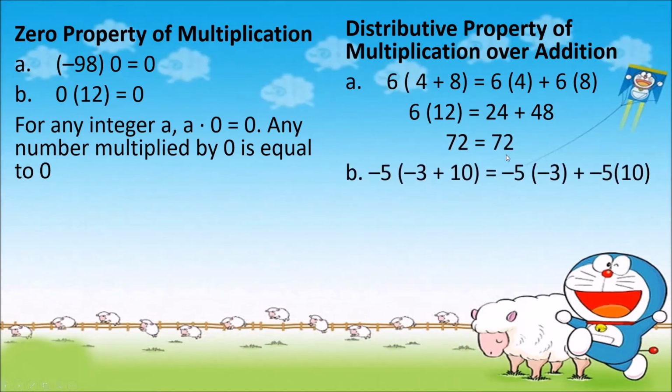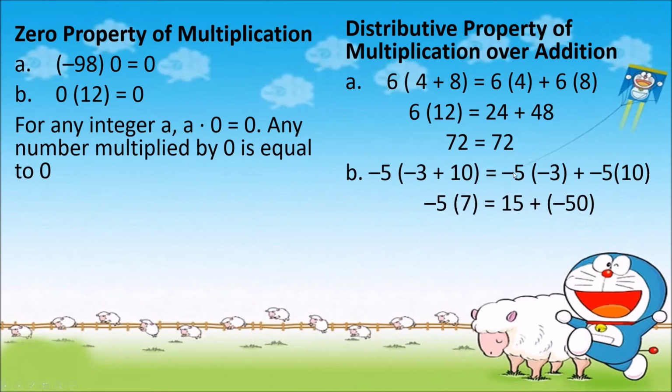So another example of the distributive property of multiplication over addition is negative 5 times the quantity of negative 3 plus 10 equals to... distribute natin ang negative 5 times negative 3, negative 5 times positive 10. So bring down negative 5, the sum of negative 3 and positive 10 is 7.